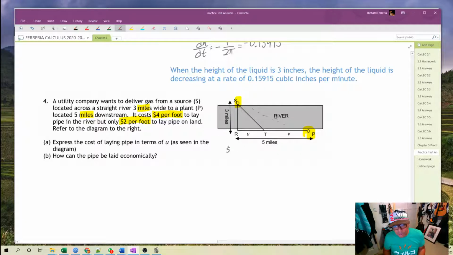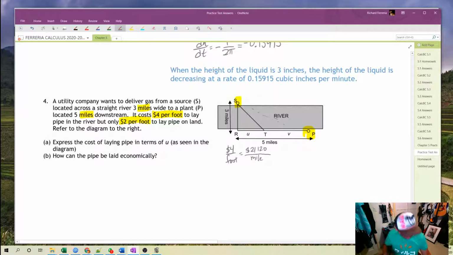So $4 a foot, that's equal to, let's see, 4 times 5280, that's 21,120. $21,120 per mile.